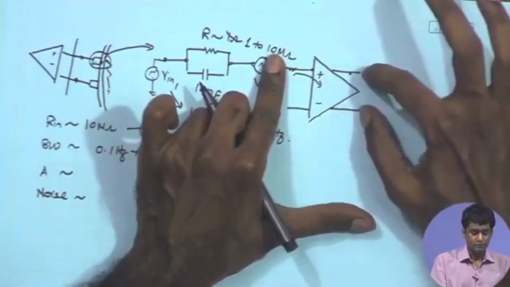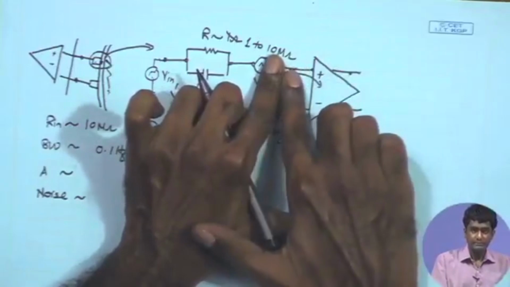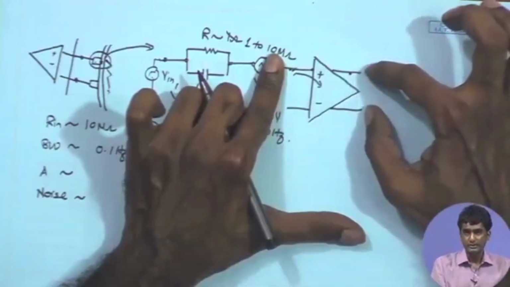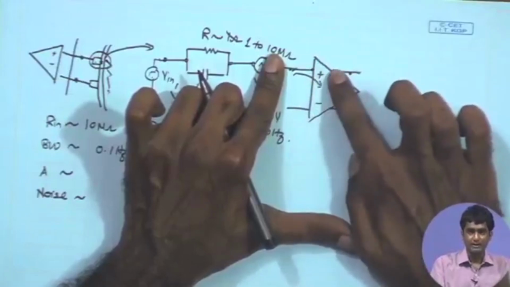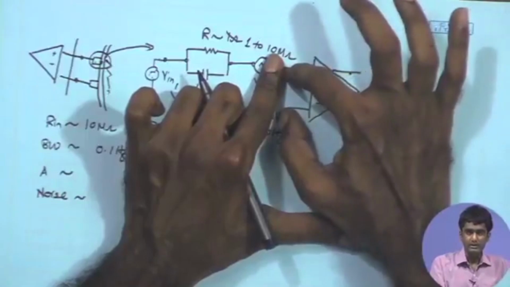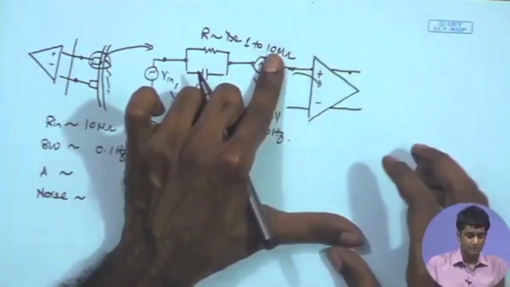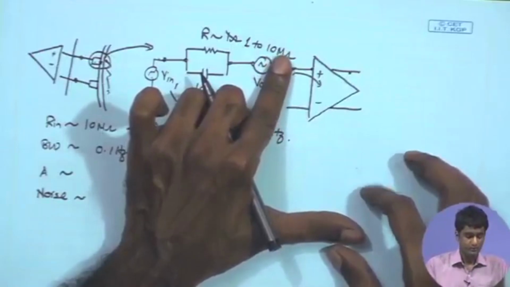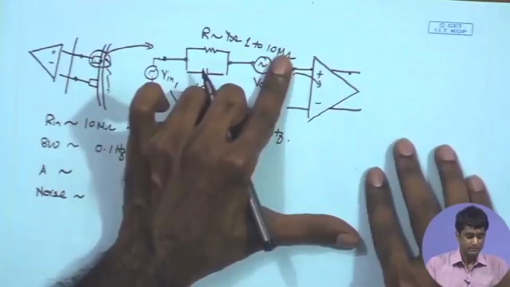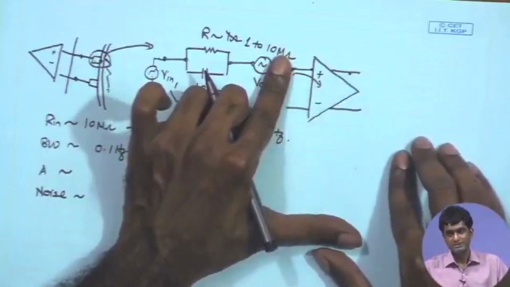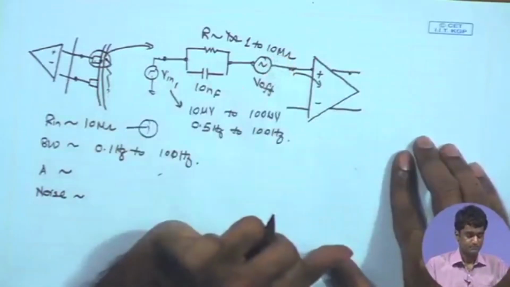So, if I want to say what is the equivalent input noise which would produce the same output noise if it was an ideal amplifier, that will be obtained by dividing the output noise by the gain of the amplifier. So, that is a simple concept of input referred noise that we have discussed during the noise analysis. We will be revisiting that concept and looking at it with respect to our differential amplifier and operational amplifier circuits that we are going to build.